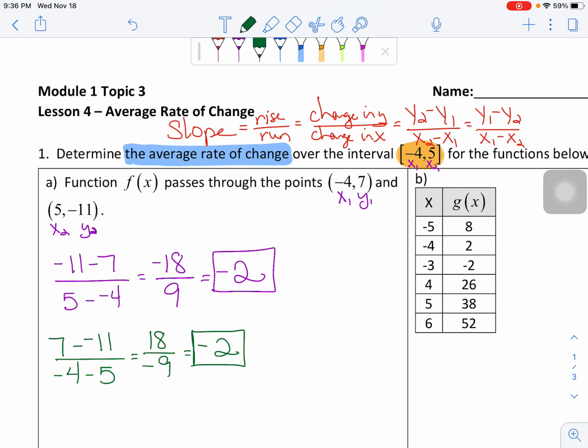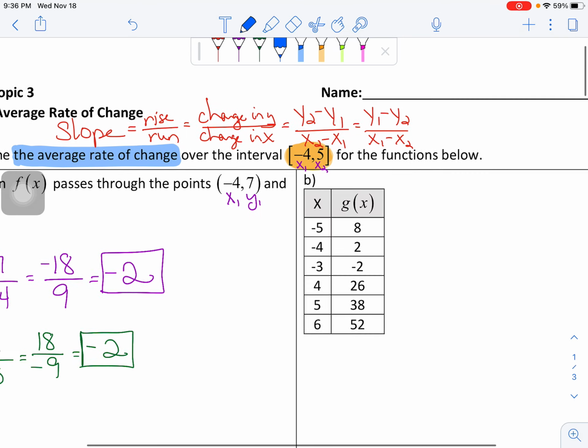That answer should look familiar. So I just want to prove to you that the order that you write it won't matter as long as your x's are in the denominator, your y's are in the numerator, and whatever your first y is, the first x has to come from that same ordered pair. So -11 and 5 came from the same ordered pair here, and then 7 and -4 came from the same ordered pair here. So part A is all done.